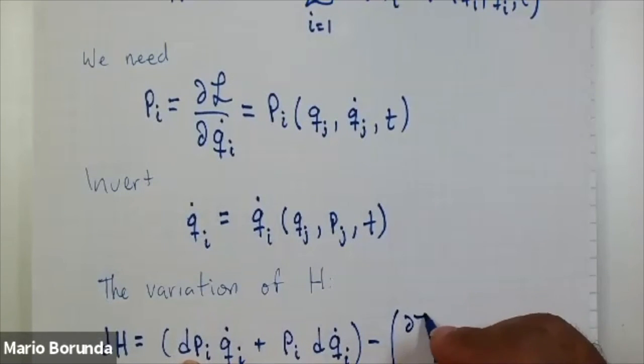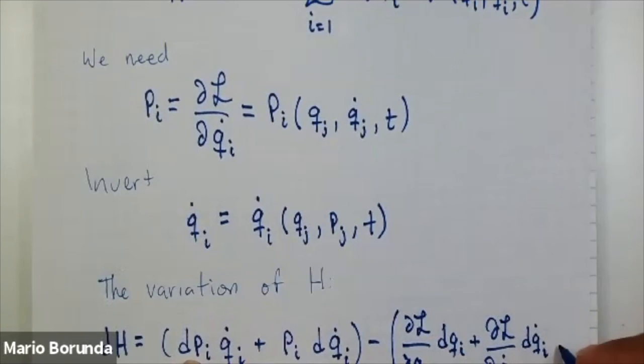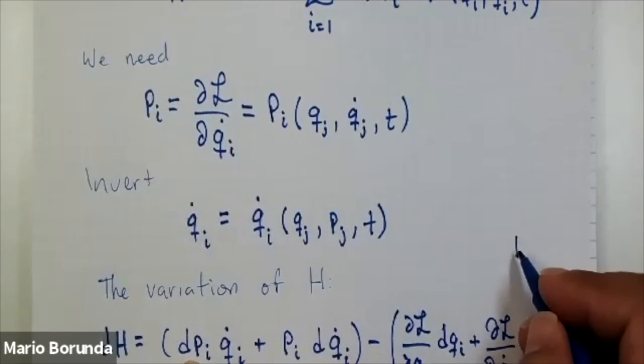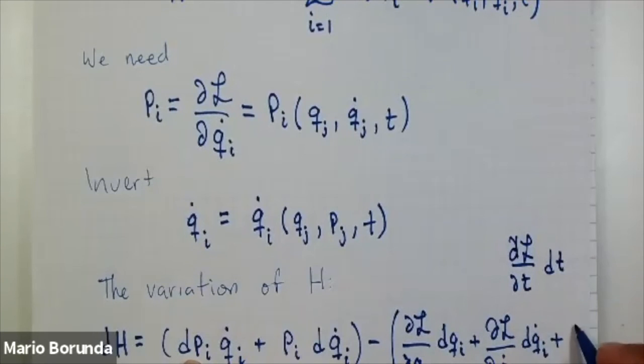And we have the partial of the Lagrangian with respect to the q's. Then this guy, plus the partial of the Lagrangian with respect to the q dot i's, and then this one. And then let me put this one here, the partial of the Lagrangian with respect to time, derivative of time.